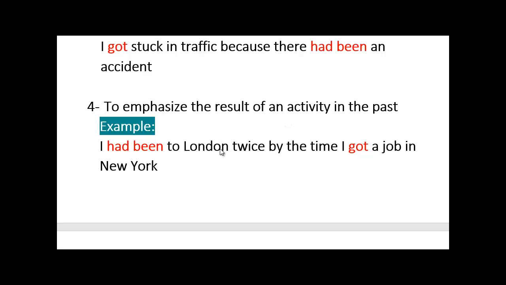So he went to London twice, and then after that he got the job in New York. Probably taking planes and things like that. He probably went for an interview twice, and then was offered a job in New York.